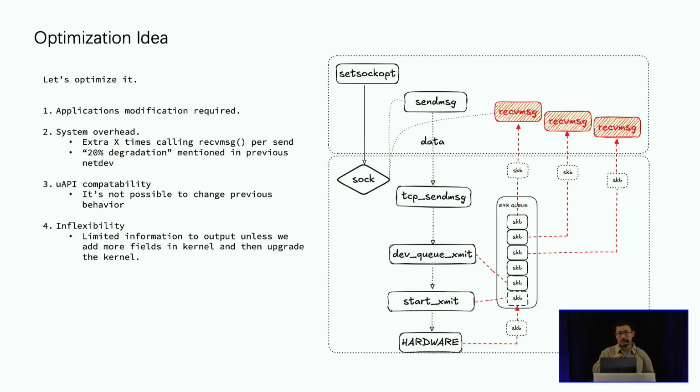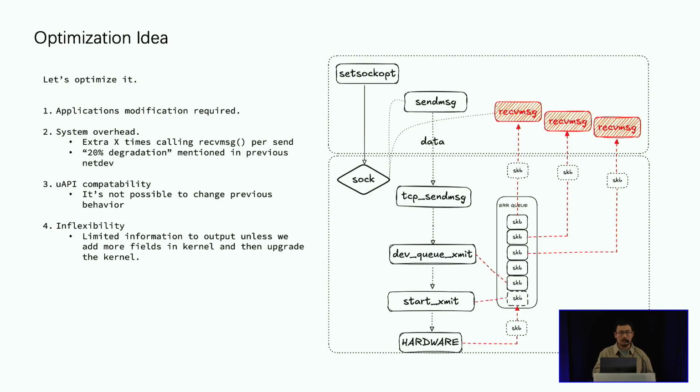If you have 3 generation flags, such as the dev Q xmit, sched xmit, or hardware timestamps, we will add 3 extra receive messages to receive the SKB from the error queue one by one. So it will cause performance degradation.